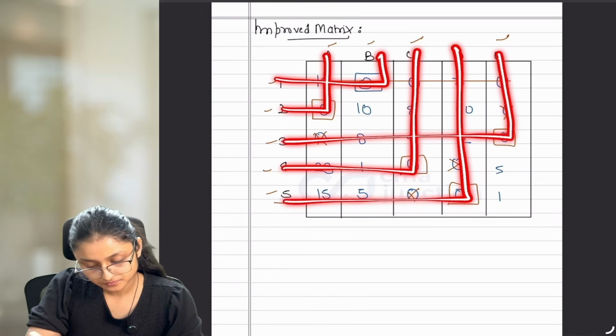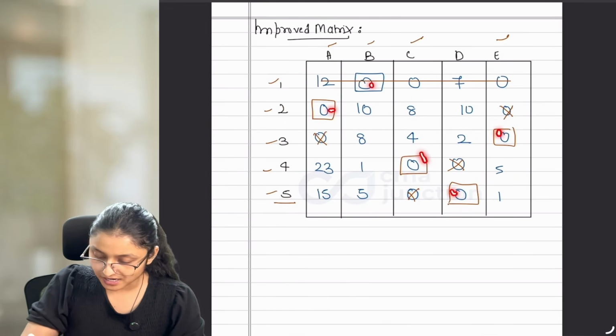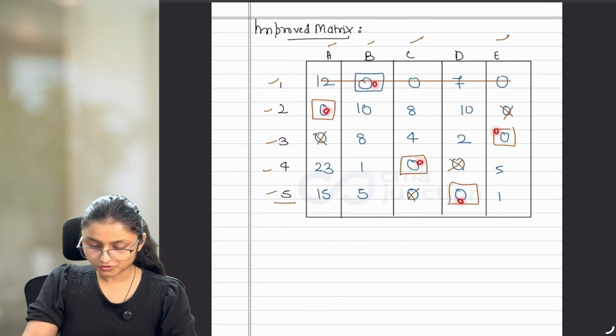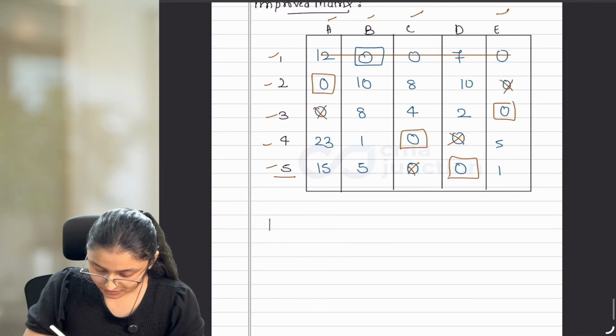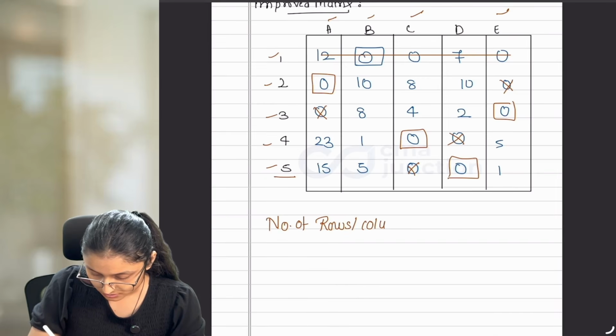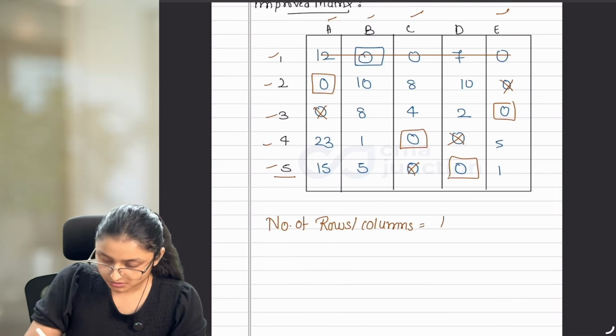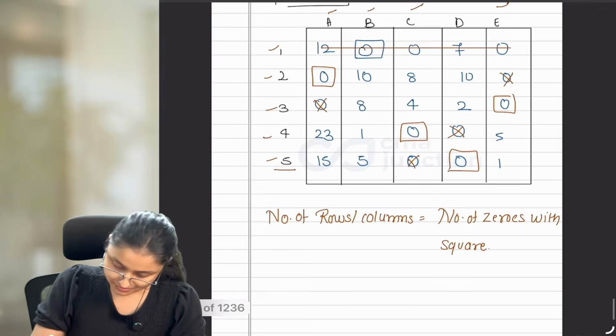Okay? Now, if that is the case, and if you notice, we achieved our optimal scenario: 1, 2, 3, 4, 5. So 5 rows and columns are there, 5 allocations are there, and hence we reached our optimal solution. Number of rows or columns is equal to number of zeros with square. Hence we reached our optimal solution.